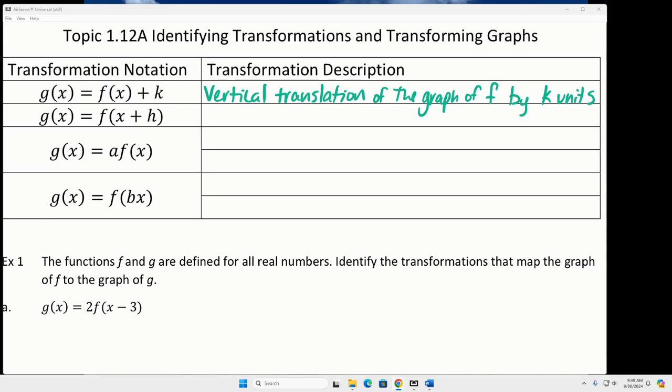So if K is positive, you just use that positive number. If K is negative, then you say by -2 units or -7 units. That's how it's worded in AP Pre-Cal.